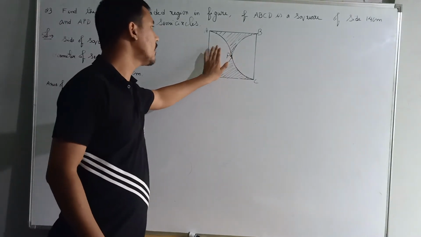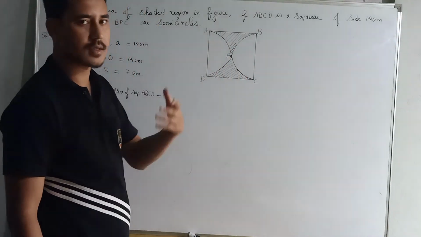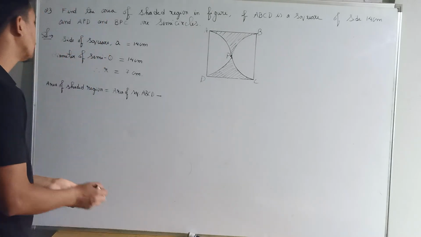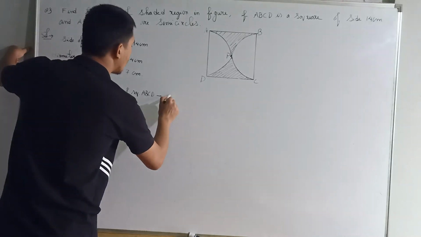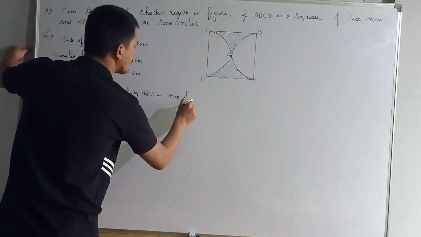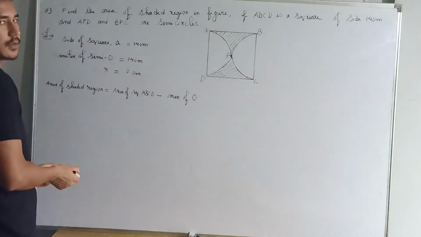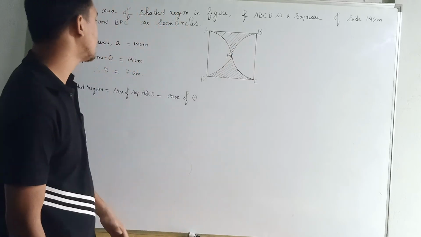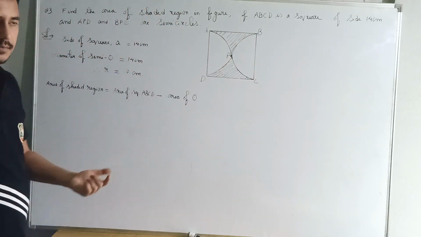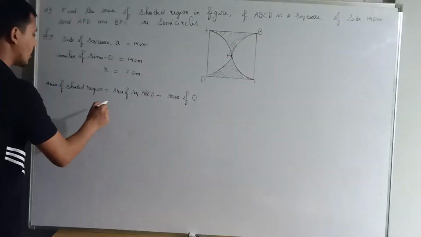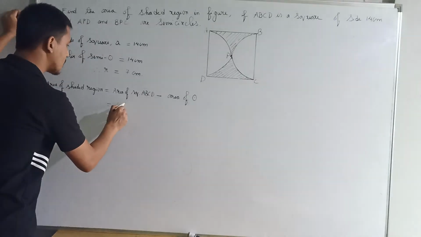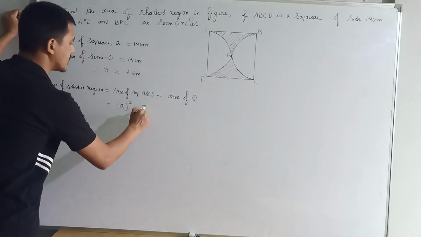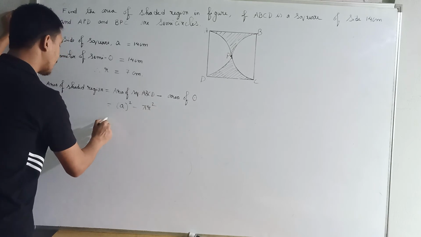Now, area of two semicircles gives you area of circle. So I'm going to write area of circle, because area of two semicircles gives you the area of circle. So area of square is given by side square, and area of circle is given by pi r square.